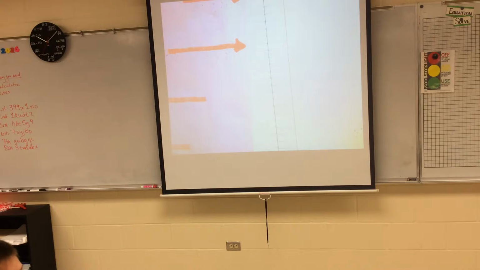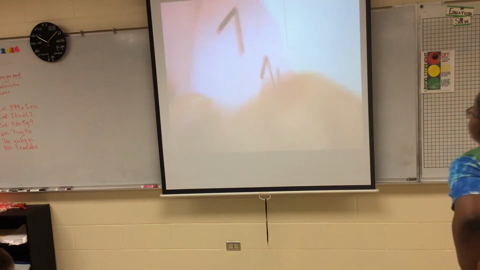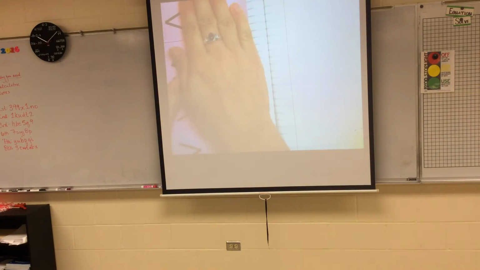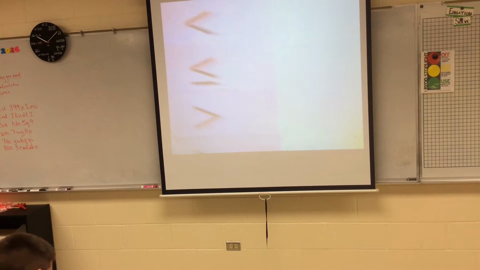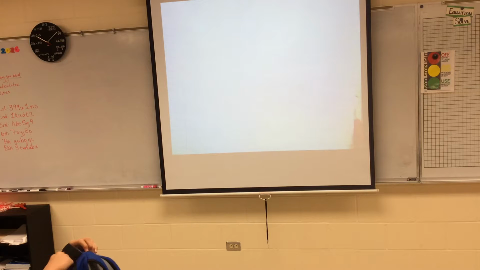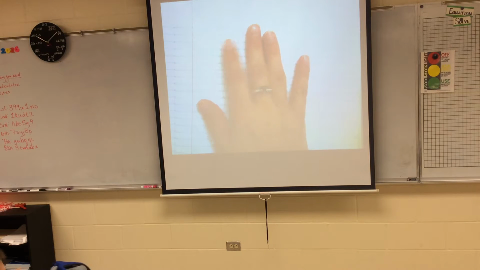All right. And then keep out your notes, ladies and gentlemen. We are going to add a few examples. So glue your foldable in, and then label the next available page.